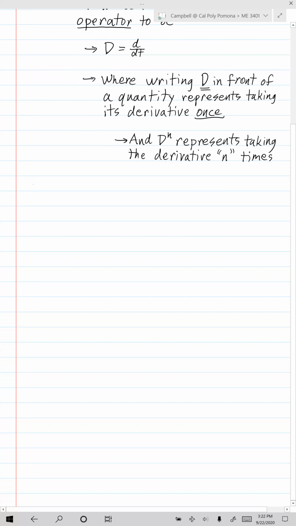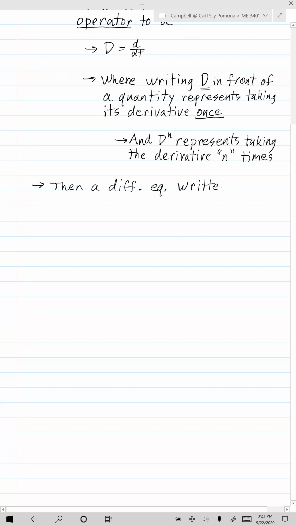So let's go ahead and apply this to a differential equation so that you can hopefully start to see the power of this perspective and this notation.